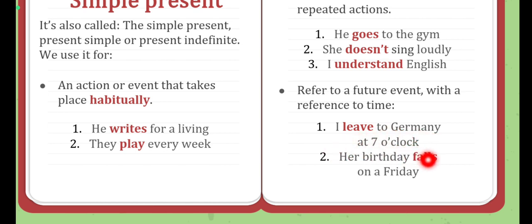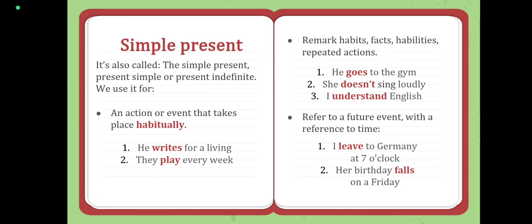And here we have another example. Her birthday falls on a Friday. If we imagine that we are, for example, on Monday, Friday would be a time reference for the future. So this is how we use this verbal tense for future events.